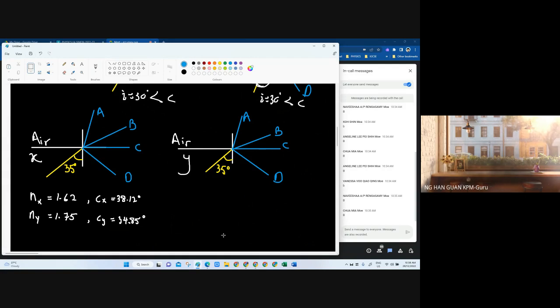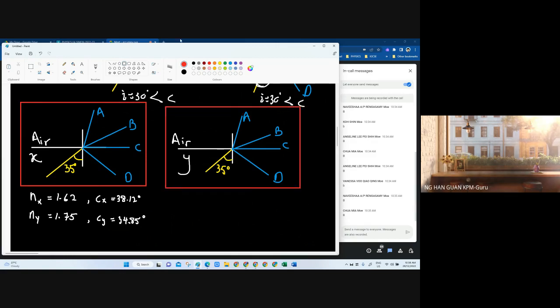So now I want to know, for this ligand X compared to this ligand. So now I make it as questions. So here is question 3, question 4. Question 3, what is your answer?